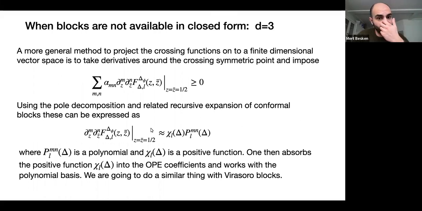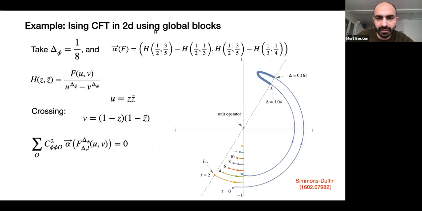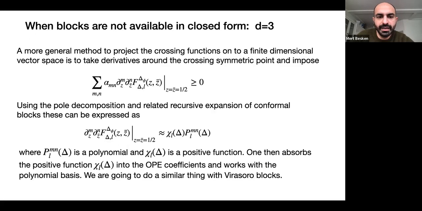So I'm just going to flash to you a more general case. Here I was showing a specific example. A more general thing to do is to act on your crossing function with derivatives and set them to some specific values of the cross ratio. A useful point in the cross ratio space is the crossing symmetric point here. And in d equals 3, for example, in odd dimensions, we don't have a closed form expression for conformal blocks.